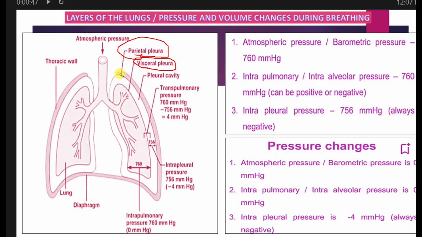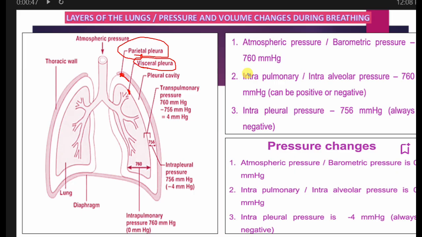So over here you could see this here, which is the parietal pleural covering the outermost part of the lungs. And then you have the visceral pleural, which covers the innermost layer or innermost part of the lungs.